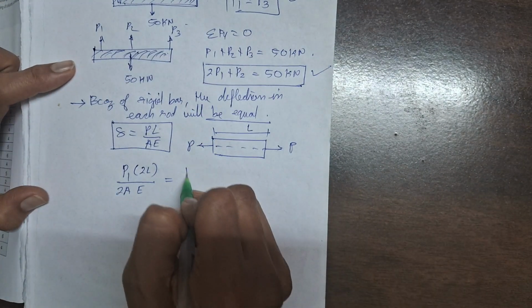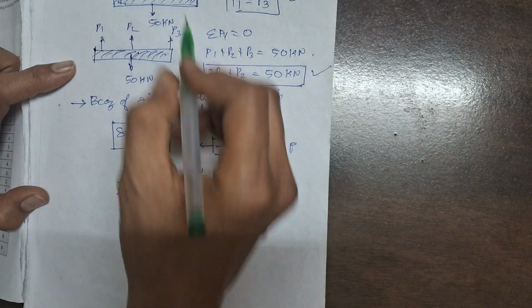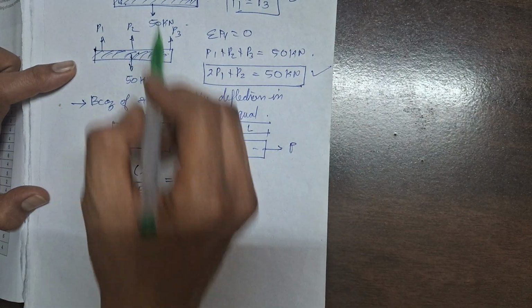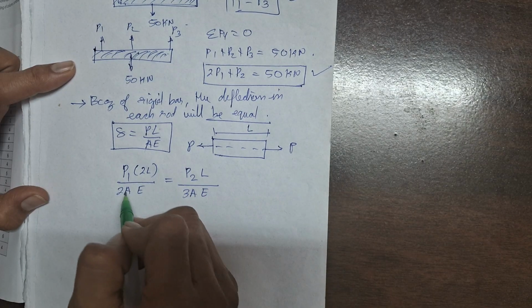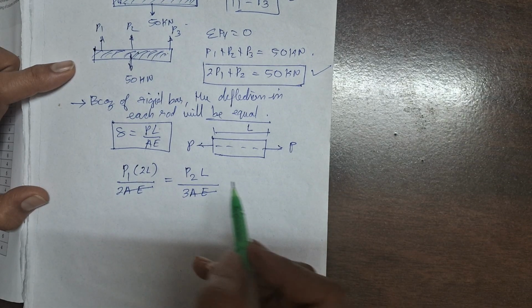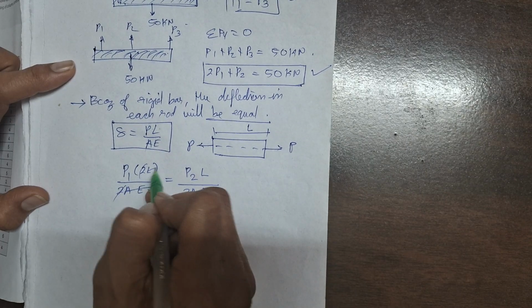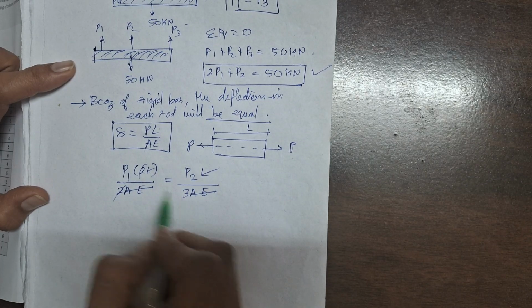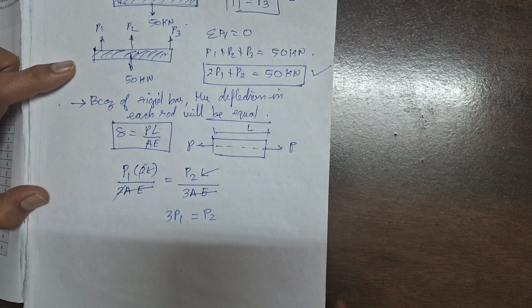This is P2, so P2 L, it is L only, upon AE, but A is 3A and E. Now AE is cancelled, 2 is cancelled, L cancels. So basically it will be 3P1 is equal to P2.